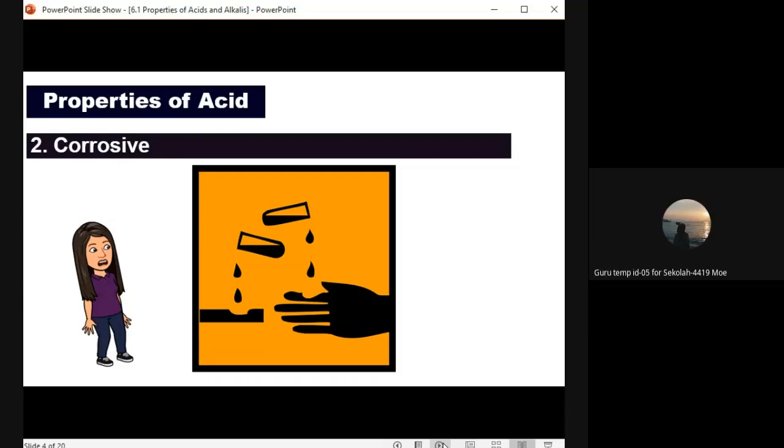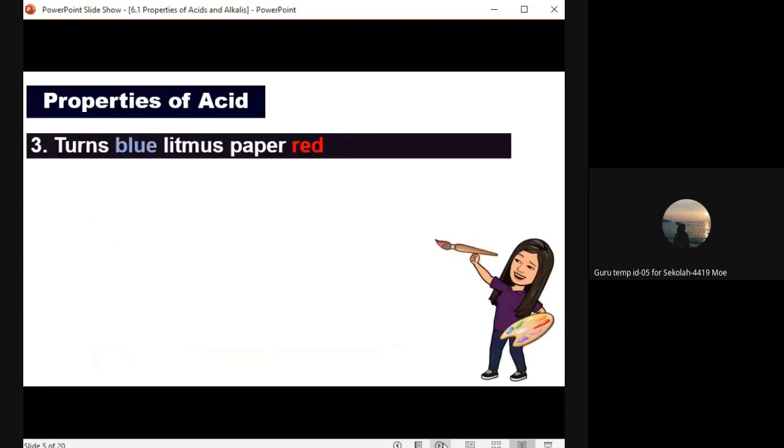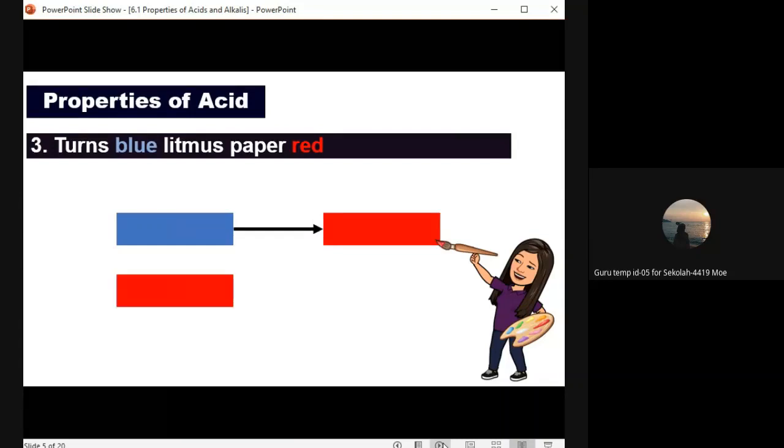So remember, acid tastes sour and it is corrosive. Number 3, acid will turn blue litmus paper to red. What if we test it with red litmus paper? There will be no change because it will just stay red.